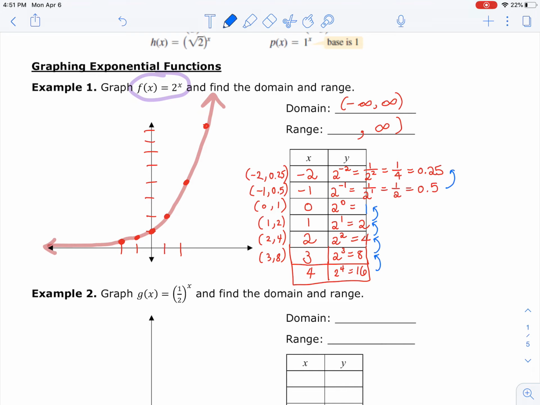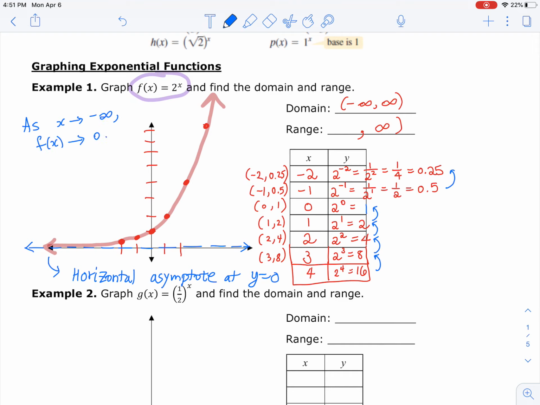So what I want you to do is draw a tail that is getting really, really close to 0, the horizontal, well, I said it. We have a horizontal asymptote, guys. Horizontal asymptote is at y equals 0. I want you to sketch that with the dotted line. We have a horizontal asymptote at y equals 0.